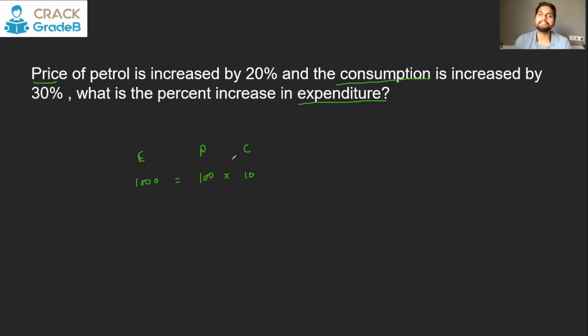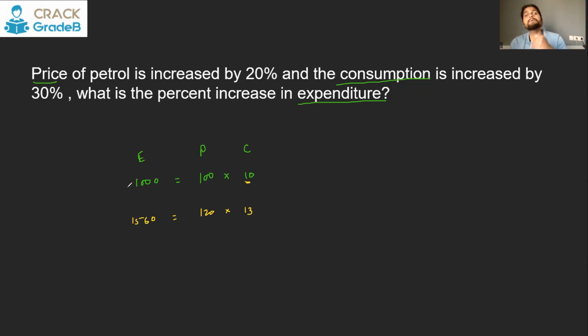So the price of petrol is increased by 20%, so it will become 120. Consumption is increased by 30%, so 30% of 10 is 3 and it will become 13. So the new expenditure will be 120 into 13, that is 1560.